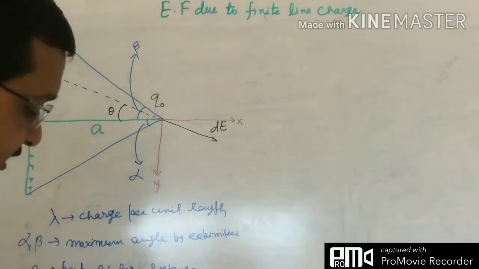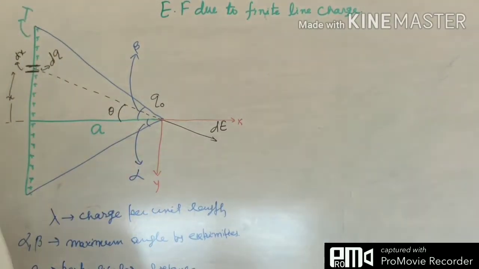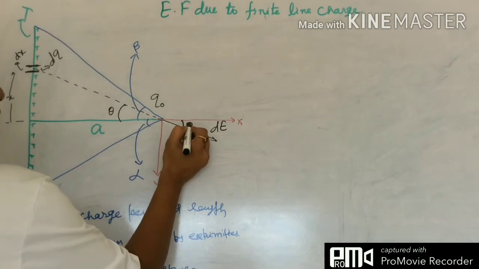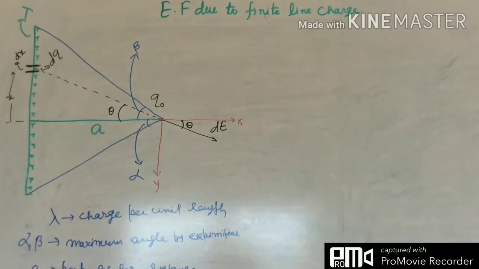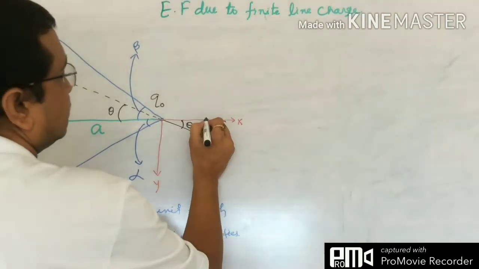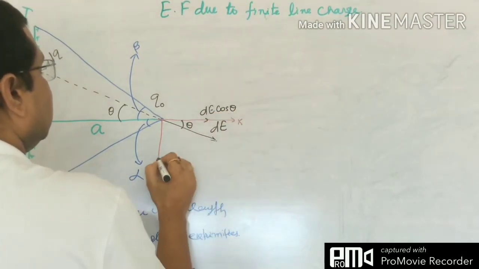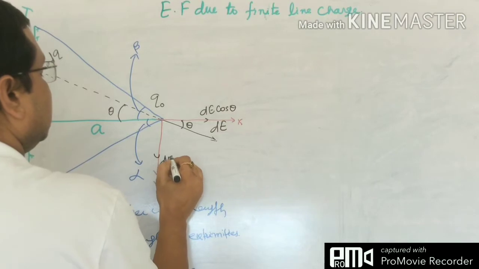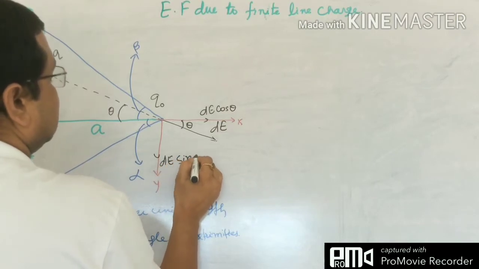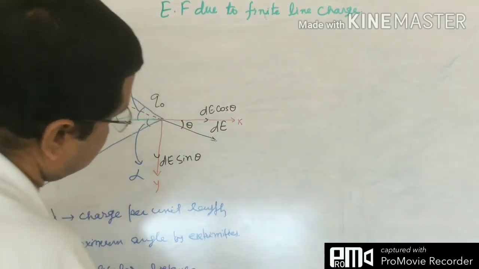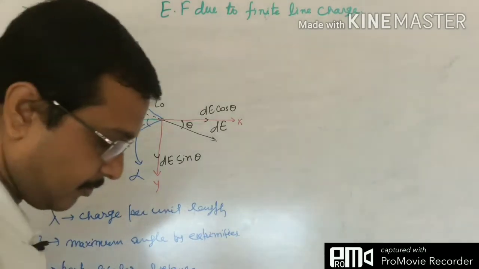If this angle is theta, this angle is also theta. So we have two components: one is dE cos theta, and another is dE sin theta.